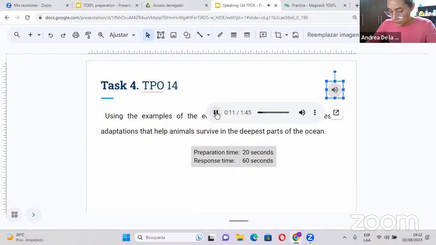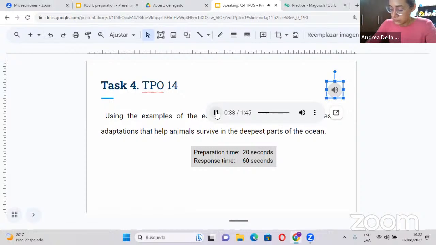A lot of plants and animals live near the surface of the ocean, and that means there's a lot of food near the surface because there are lots of plants and animals to eat. But if you go down to the deepest parts of the ocean, it's cold and dark, and there's not a lot living down there, so food is very scarce. So organisms that live down at these great depths have developed special adaptations to help them survive in this environment where food is so hard to find.